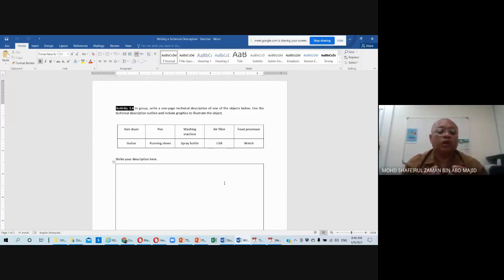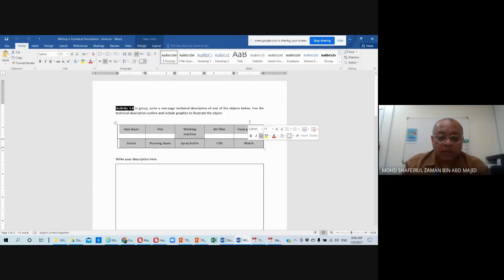You can use this activity to check whether your group members work well with you. In your group, write a one-page technical description, only one page, of one of the objects below. There are 10 products here; choose only one. Use the technical description outline and include graphics to illustrate the object.